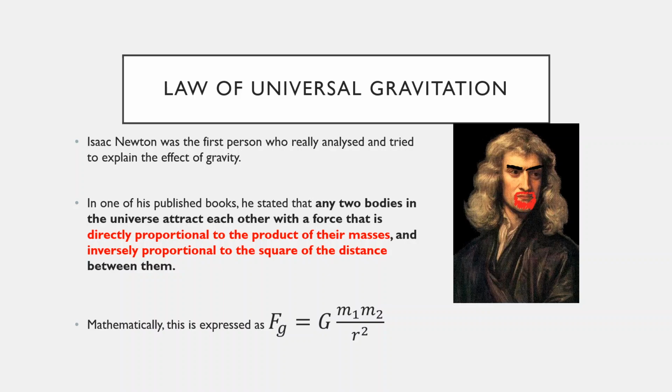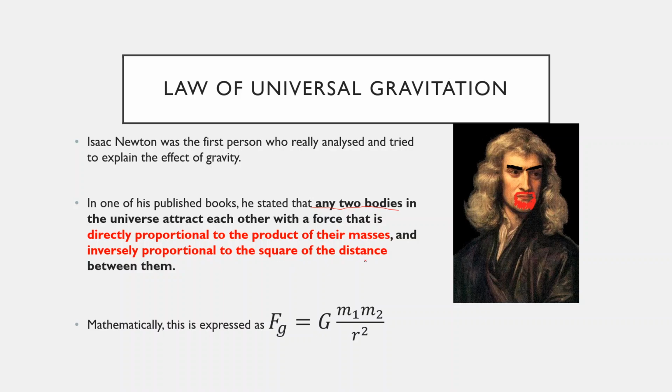Basically, that's what he described through a series of experiments. Okay, and what he said, through the course of his experiments and observations, was: any two bodies in the universe attract each other with a force that is directly proportional to the product of their masses and inversely proportional to the square of their distance.